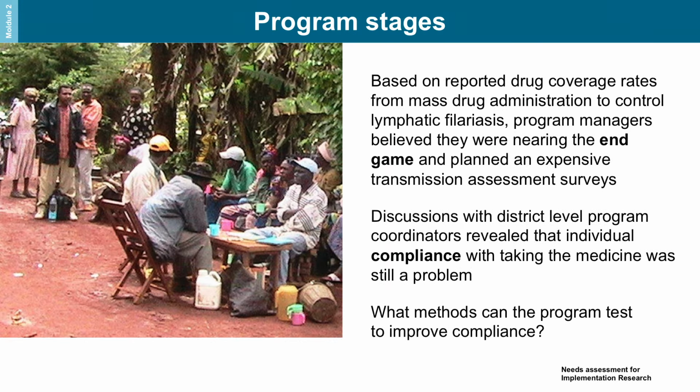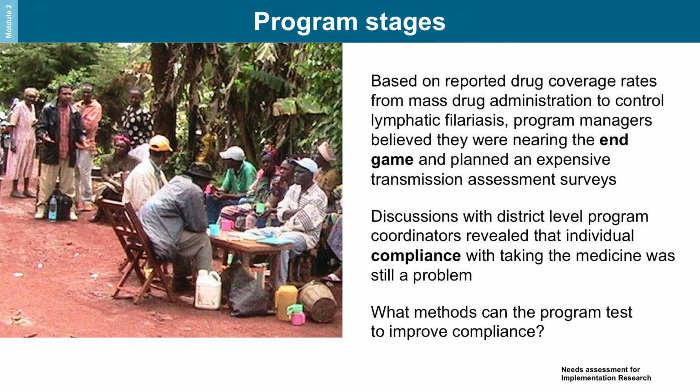We've discovered with another infectious disease of poverty, lymphatic filariasis, that we do have stages. There are approximately 7 to 10 years of intervention for mass drug administration to control the disease.